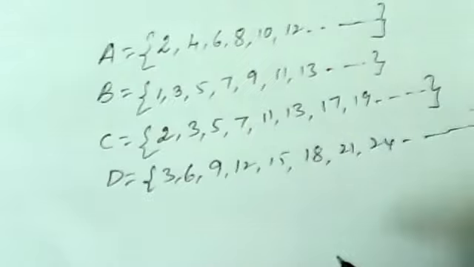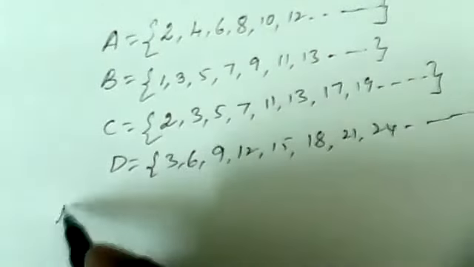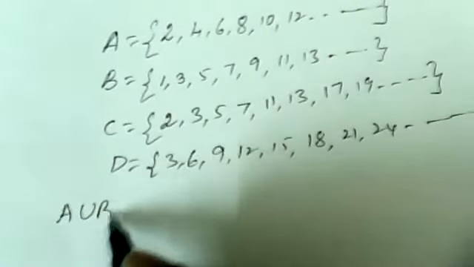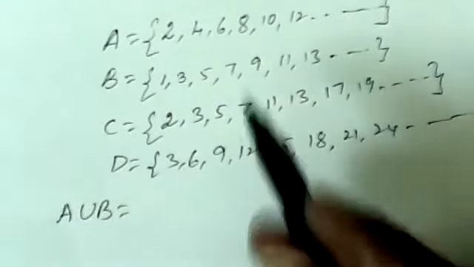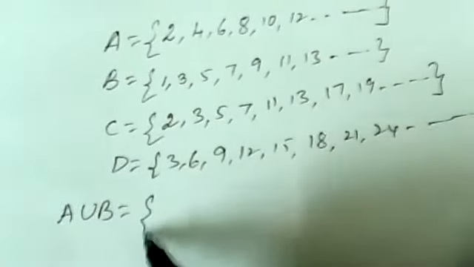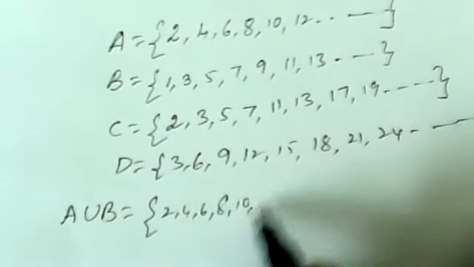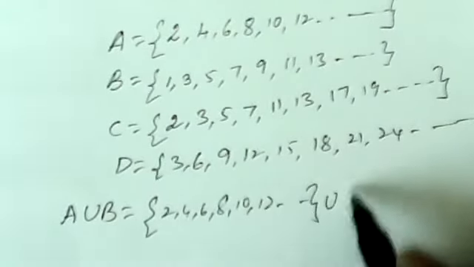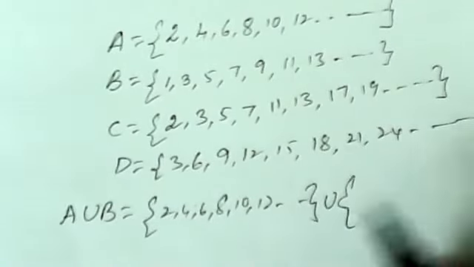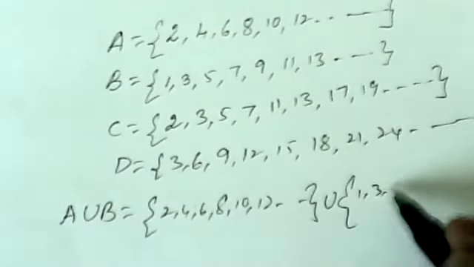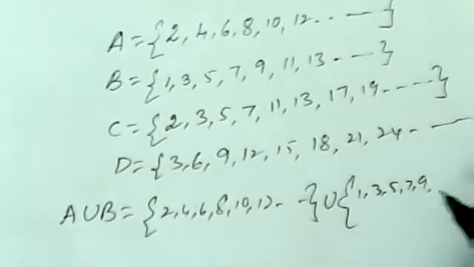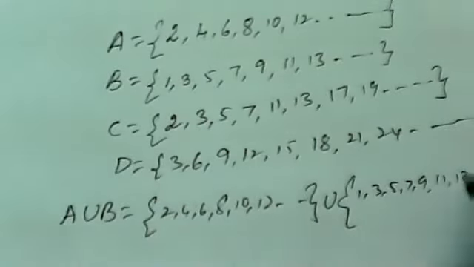From this, we find A union B. So what is A union B? A is 2, 4, 6, 8, 10, 12, and so on, union 1, 3, 5, 7, 9, 11, 13, and so on.